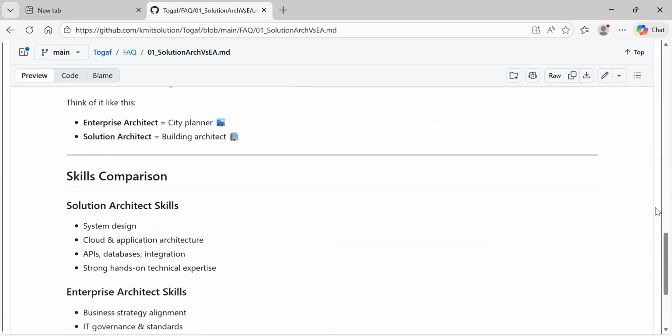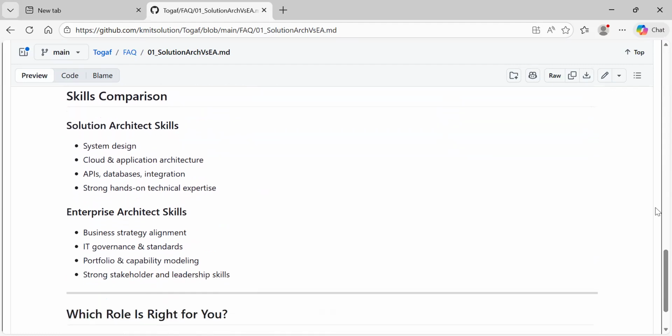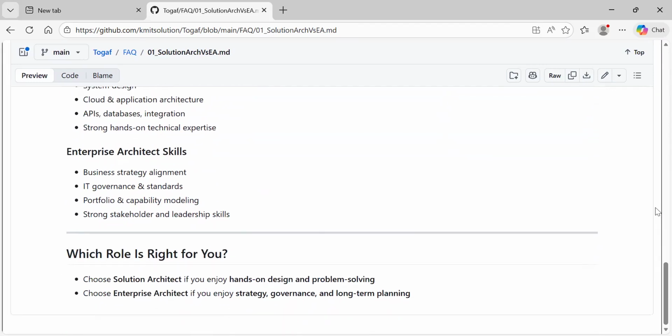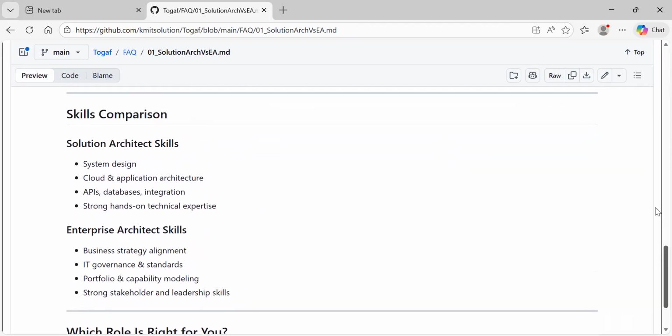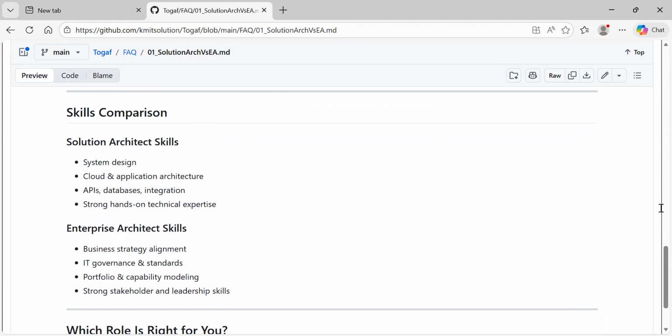So if we compare the skills, as I mentioned, the solution architect is more technical. They are defining the system design, cloud and application architecture, API, database integration, strong hands-on technical expertise, whereas enterprise architect skills are business strategy alignment, IT governance and standards.